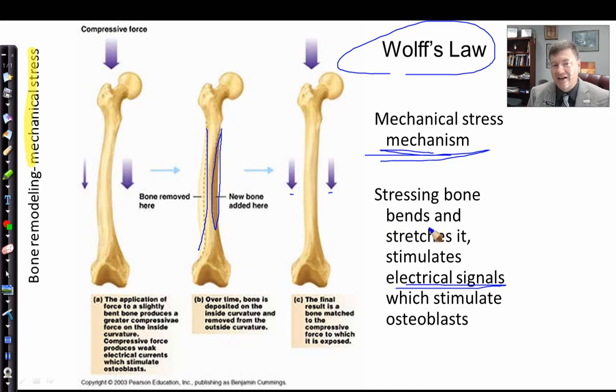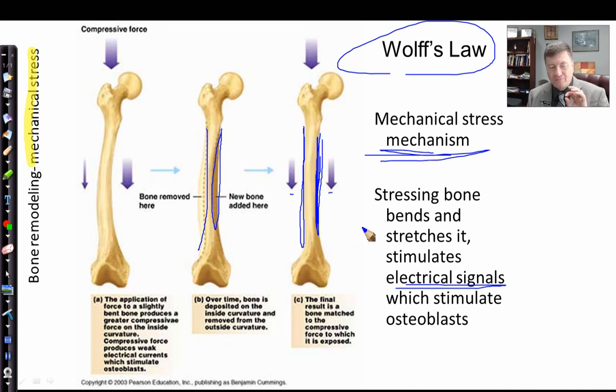That stimulates the osteocytes to produce what? To produce more matrix. So that's where the bone gets thicker, on the side of the osteocytes being more active. And of course, on the opposite side over here, the osteocytes are not being very active, but osteoclasts still are. So bone is being removed from this side, but you're adding bone here because of the activity of the osteoblasts.